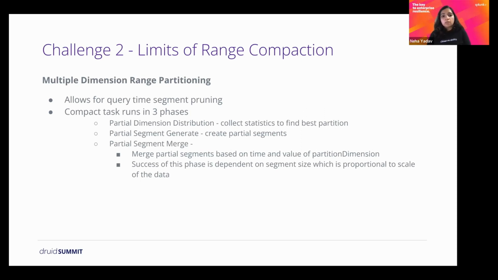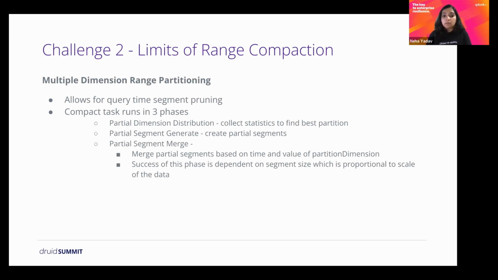Multiple dimension range partitioning basically compacts the data based on the dimensions present in the partition spec of the compaction spec for a data source. It allows for query time segment pruning, because now your segments are created based off of the dimensions and not just based on number of rows.